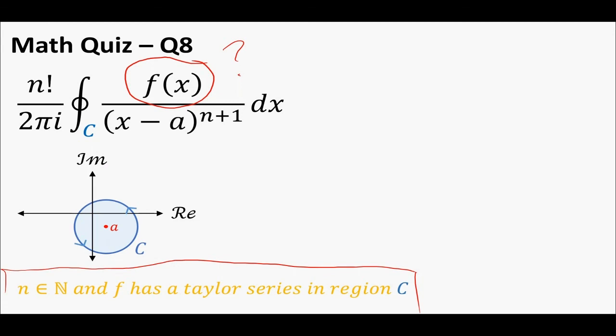So if it is true that f of x has a Taylor series in region C, this region right here, we know that we can write f of x as the infinite series.